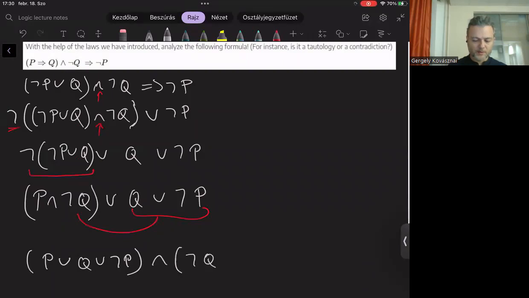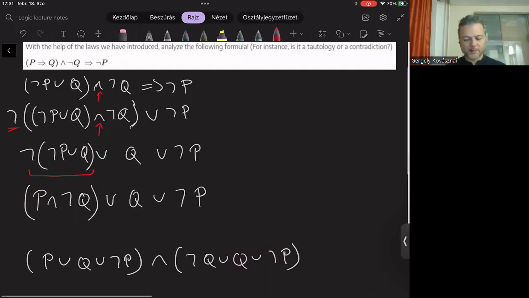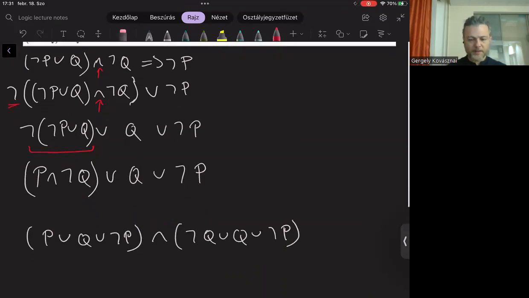Not Q or not P. And I would like to highlight what I have just mentioned before, that the conjunction was inside the parentheses and now it's outside. And in a similar way, disjunction was outside and now it's inside the parentheses. So they flipped their location. They flipped their roles.